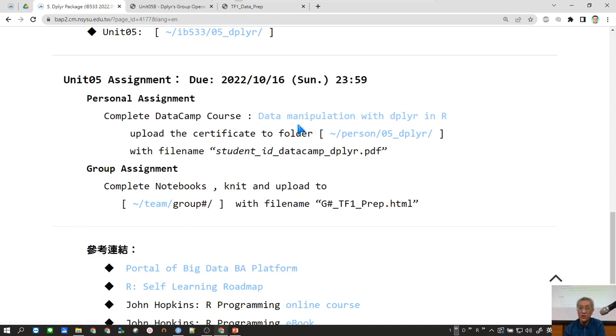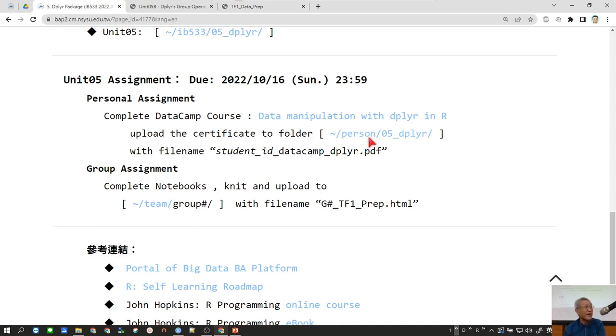It's called Data Manipulation with dplyr in R. It uses exactly the same data frame that I'm using, the county data frame. So after our class, it should not be too difficult to follow that. And the things that I do not cover should be covered in that online course.